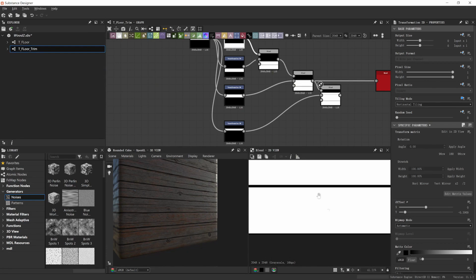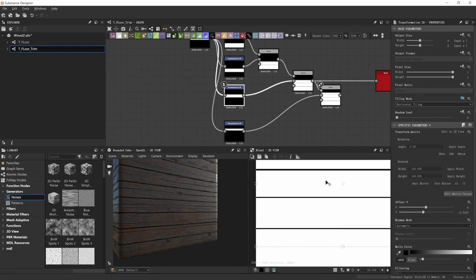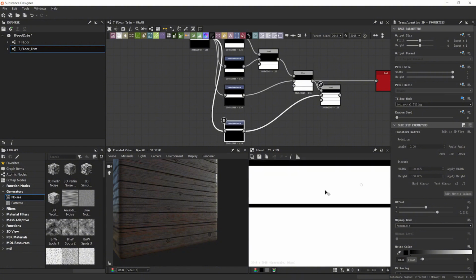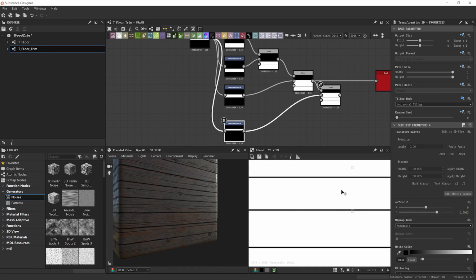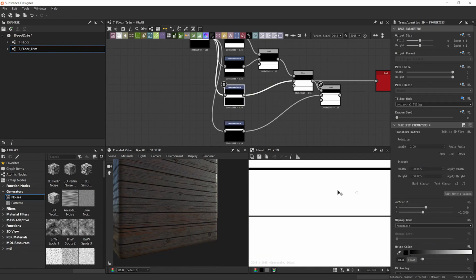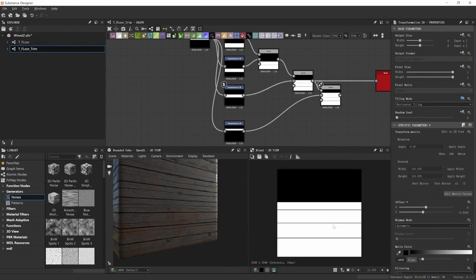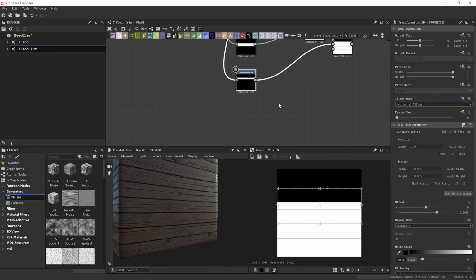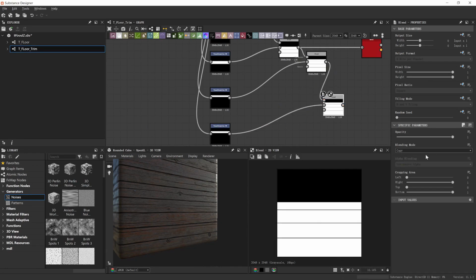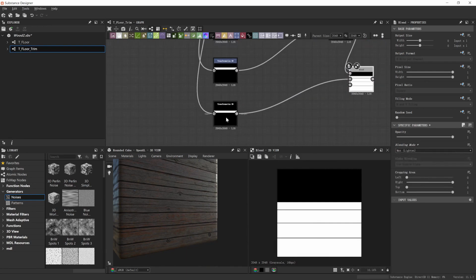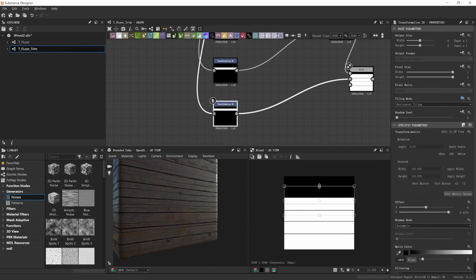Move it closer. Okay. Continue. Keep arranging it.